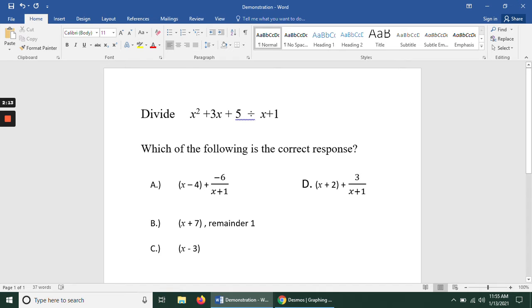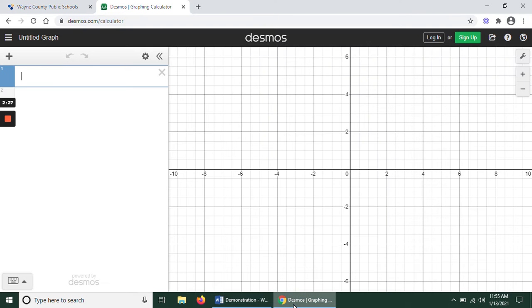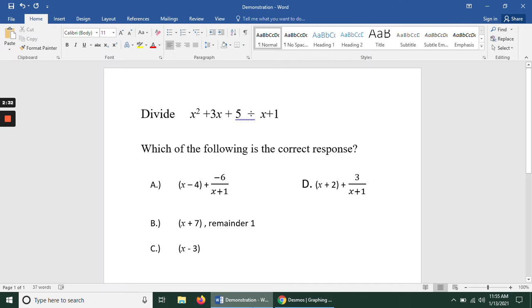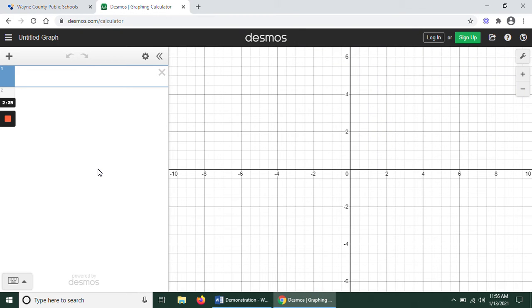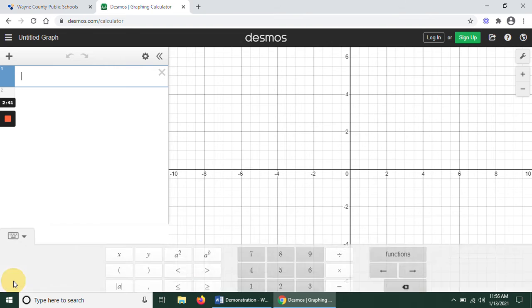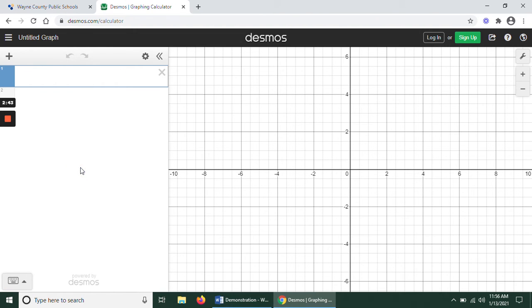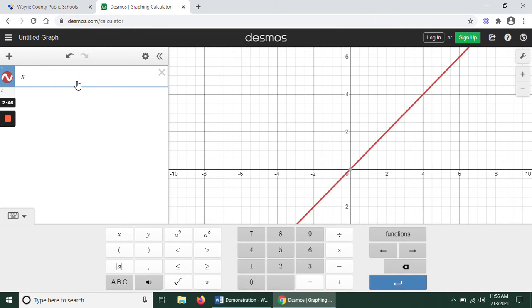Where it says divide x squared plus 3x plus 5 by x plus 1, I'm going to enter this division problem in Desmos. Our first expression is x squared plus 3x plus 5. So I'm going to type x.